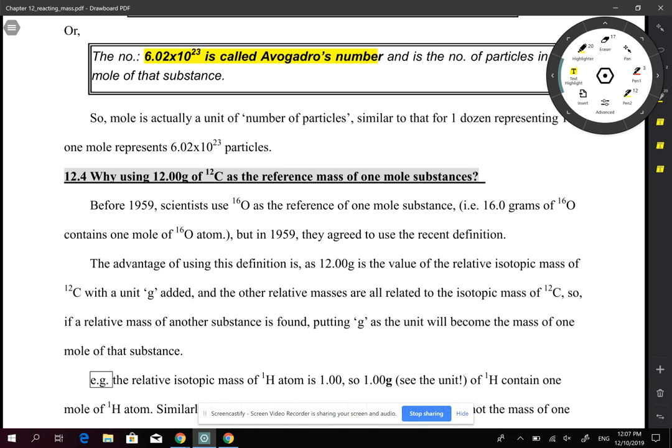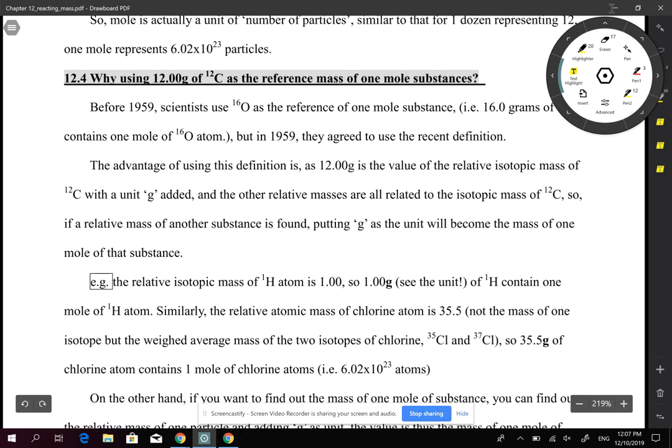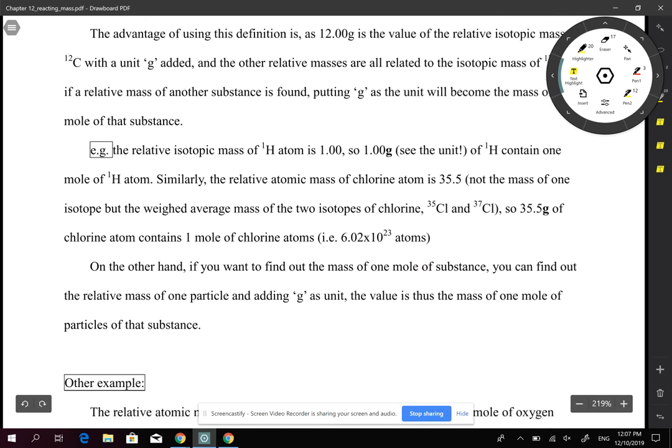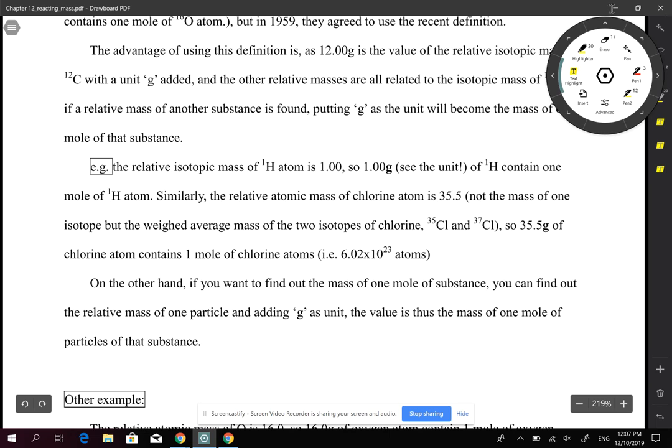So going back to why we use 12.0 gram of carbon 12 as the relative mass of 1 mole of substance. Actually, the scientists decided after discussing for a long time.